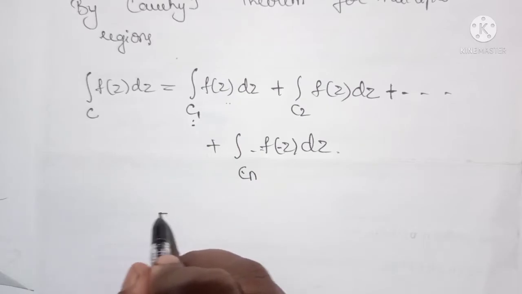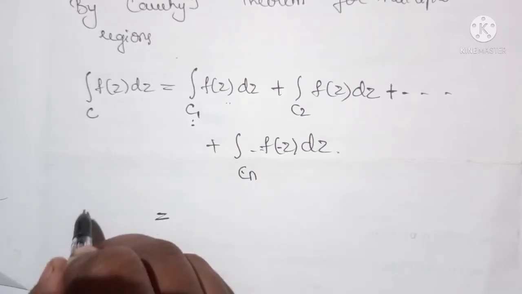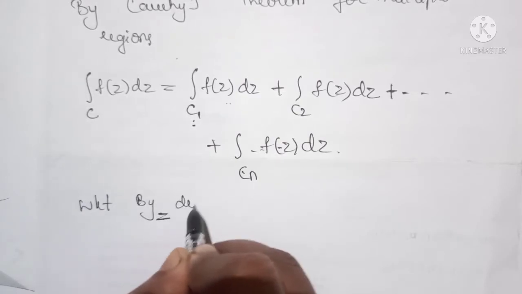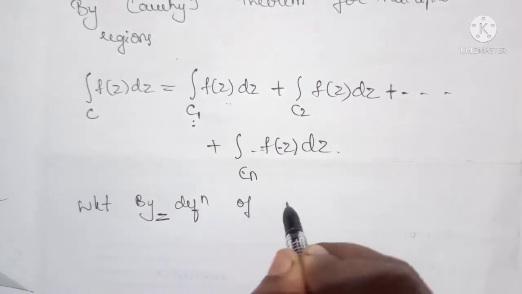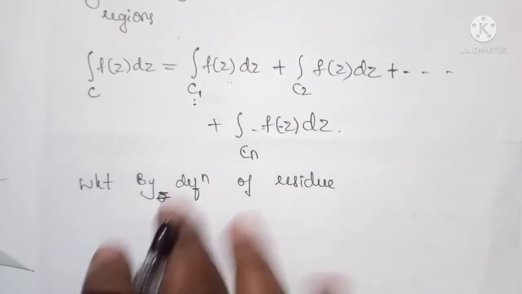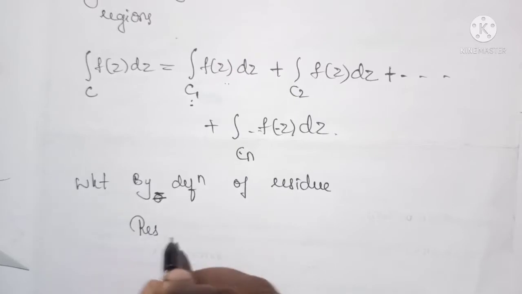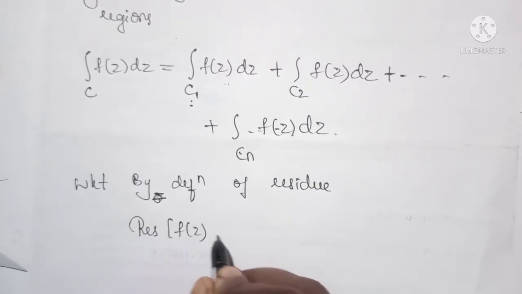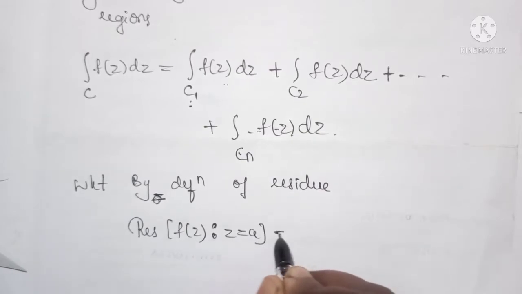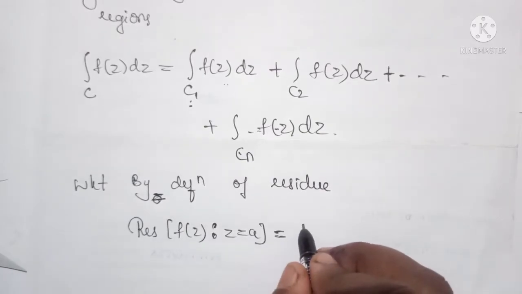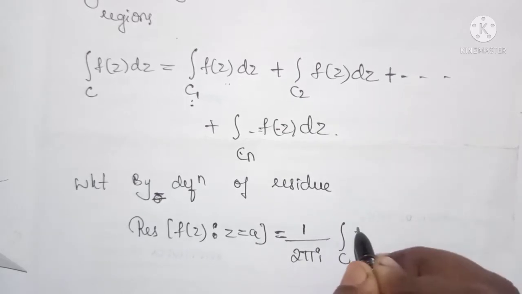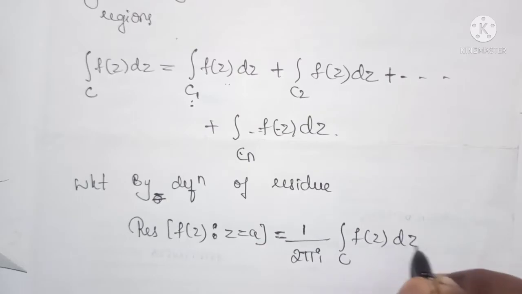By the definition of residue, we have the residue of f of z at z equals a is equal to 1 divided by 2 pi i times the integral over C of f of z dz.